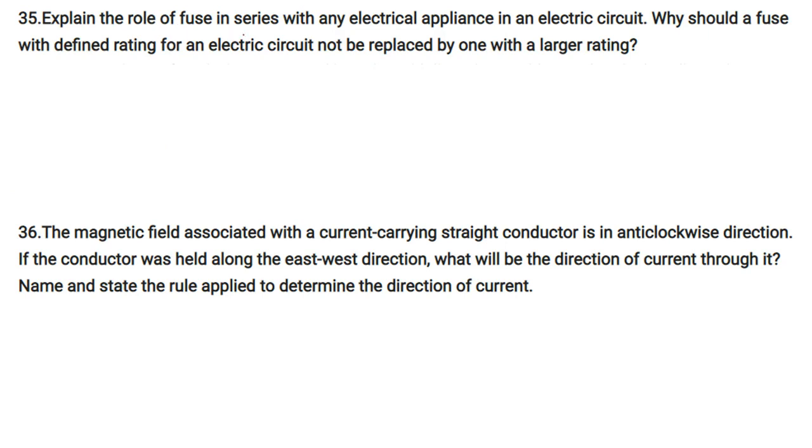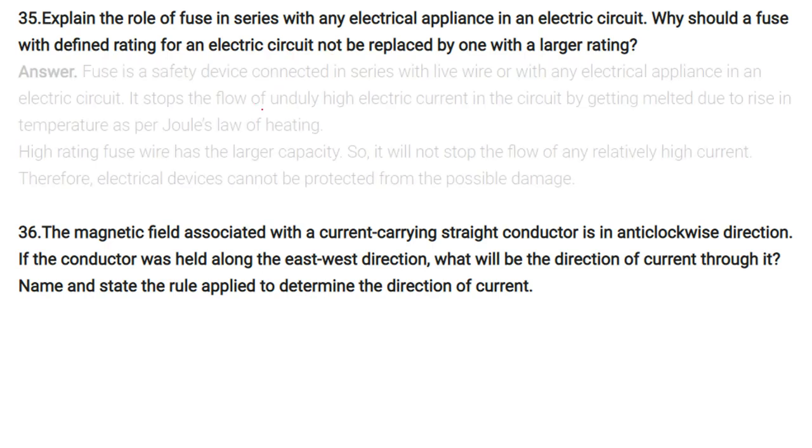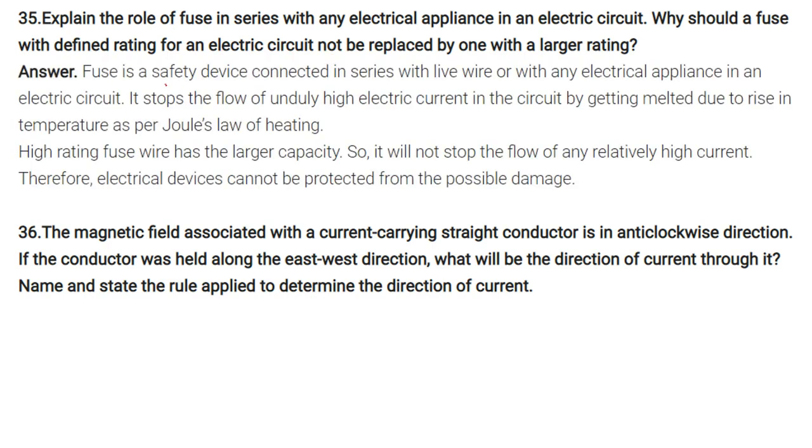Explain the role of a fuse in series with any electrical appliance in an electric circuit. Why should a fuse with defined rating for an electric circuit not be replaced by one with larger rating? A fuse is a safety device connected in series with the live wire or with any electric appliance in an electric circuit.